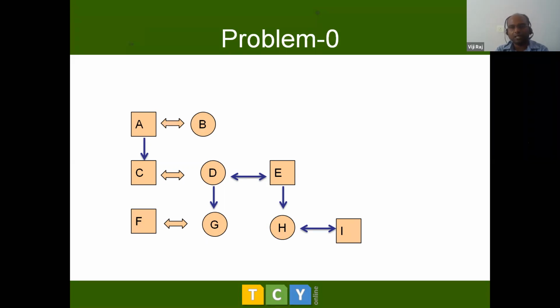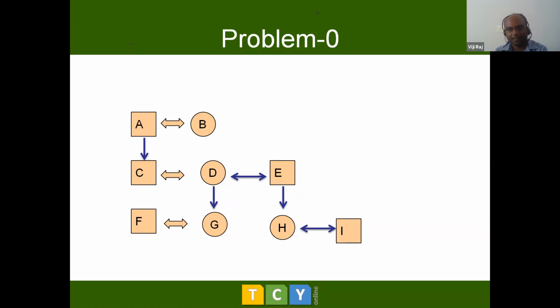The double arrow I have used to show the husband-wife relationship. So you have to tell me, how is B related to A? My question is, how is B related to A? Excellent. And how is A related to B?